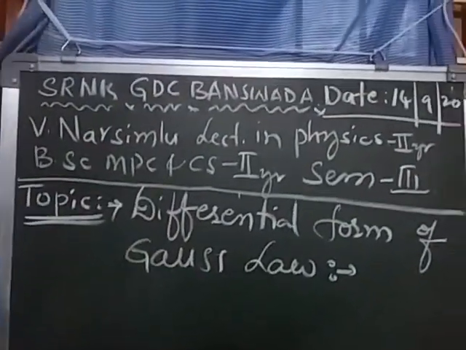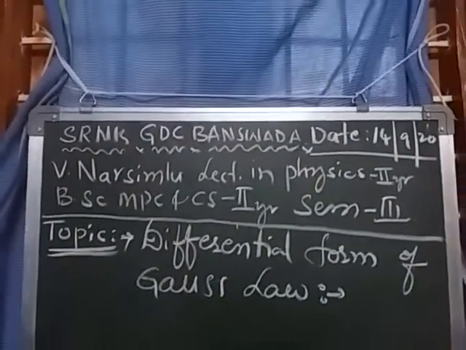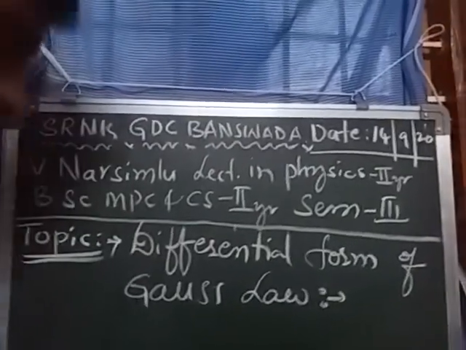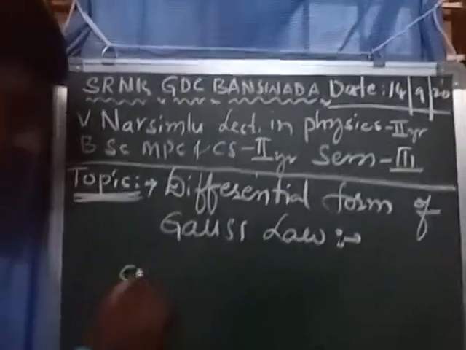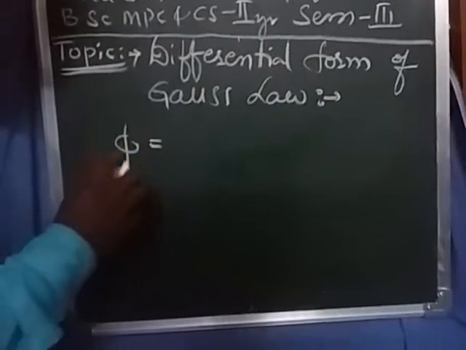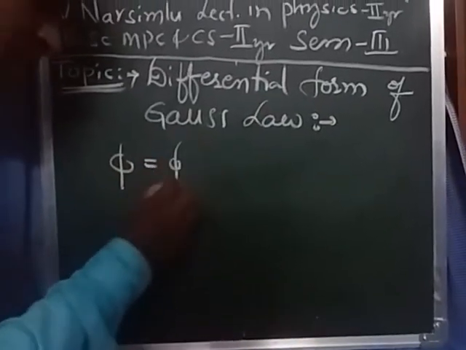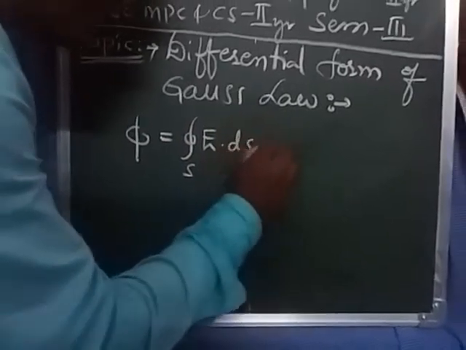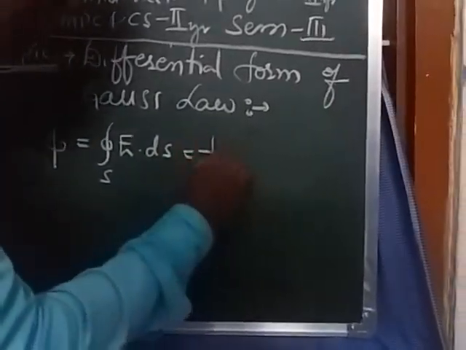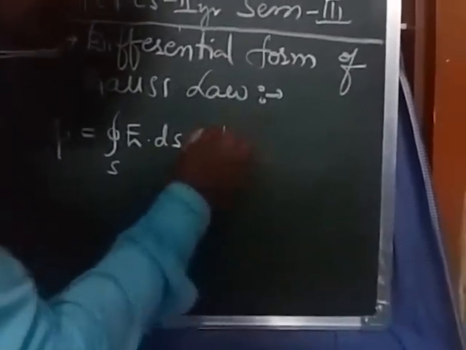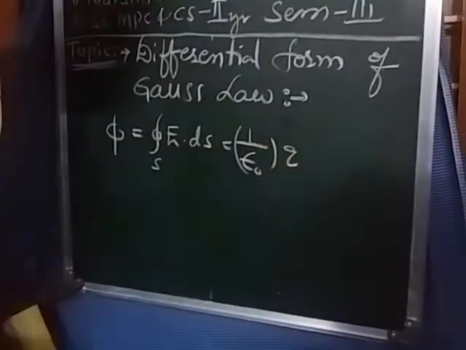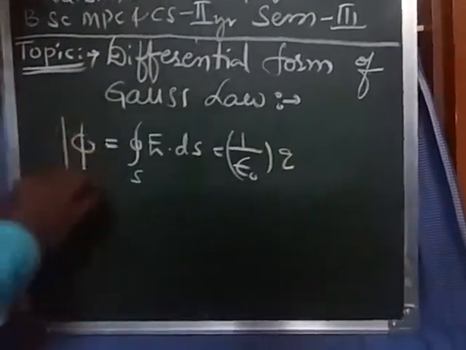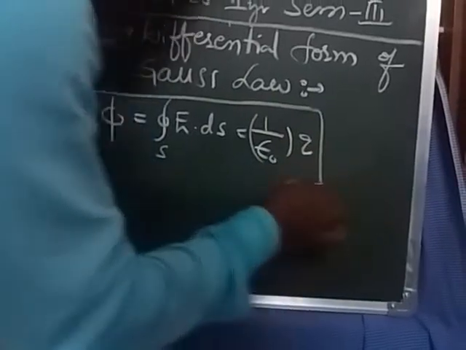So, let us suppose, according to the Gauss law, the electrical flux phi is equal to the surface integral over S of E dot dS, equal to 1 by epsilon naught times the total charge in an electrical field. This is called Gauss law.